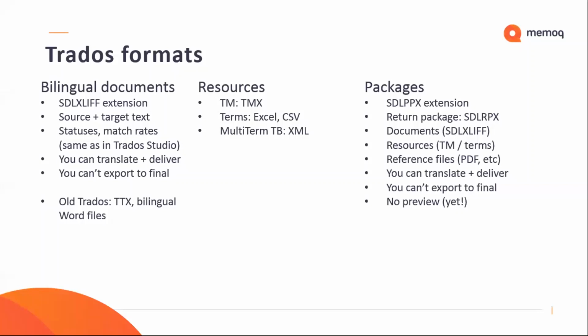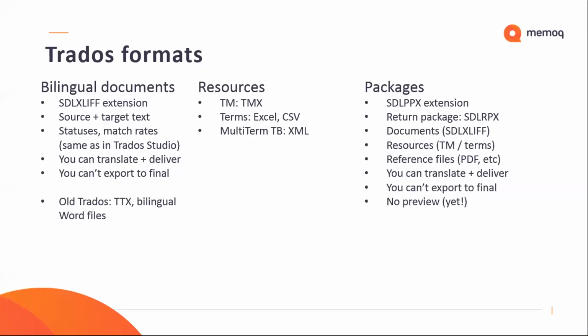And another thing that they might contain are reference files. Probably the most common form of reference file is a PDF. That for desktop publishing type of translation projects or anything that can be printed into a PDF, you often receive a PDF to give you a nice view of the document you are translating.